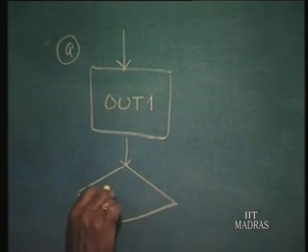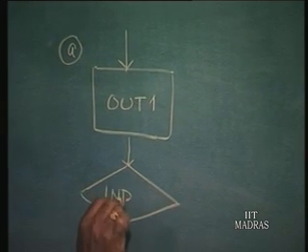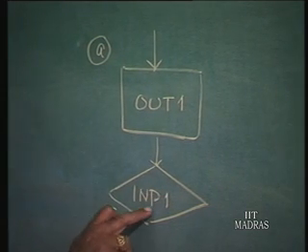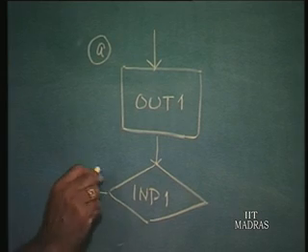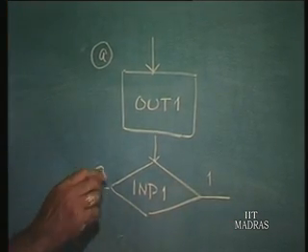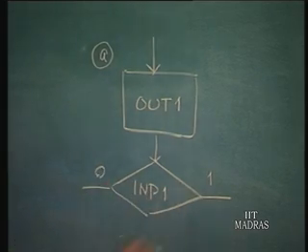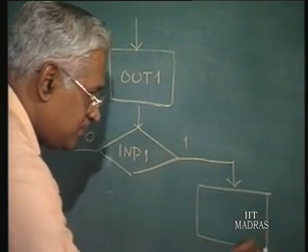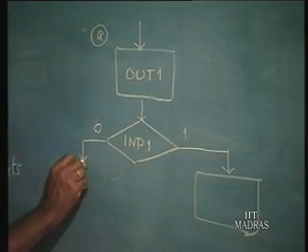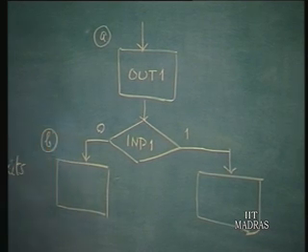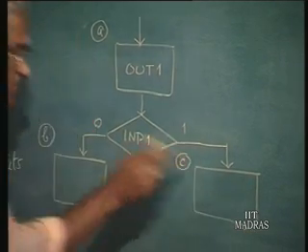I'll name that signal inp1 or something, and depending on the state of that input being, let's say, 0 or 1, or the logic state being false or true, then the machine may enter another state, like this.